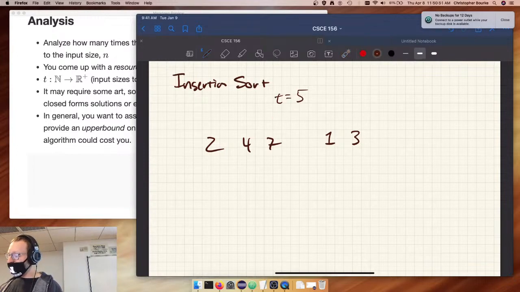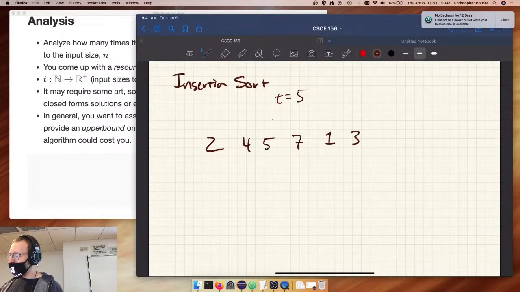we're comparing 5 and 7. We find that they're out of order, so we shift 7 up. And we eventually come to this. Now there's a gap here. We continue. 5 and 4. 5 would go after 4, so we simply put it there.